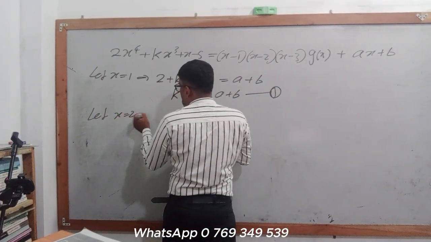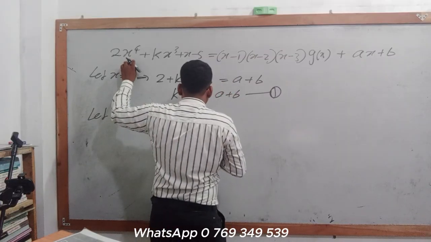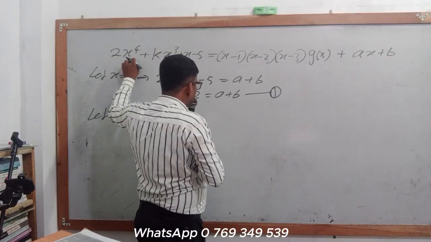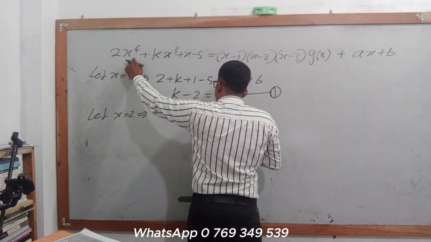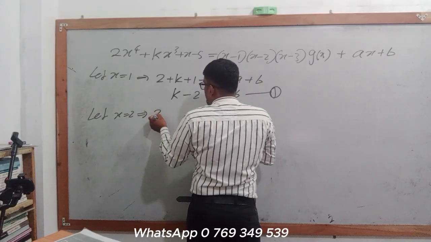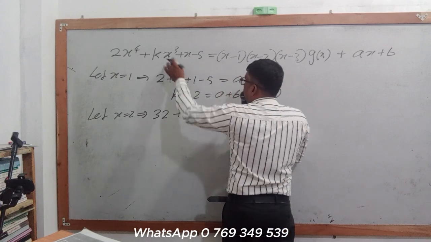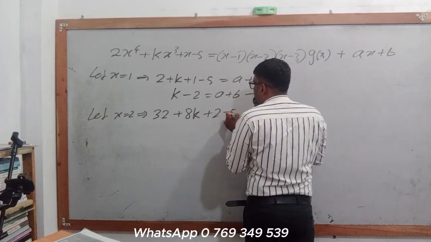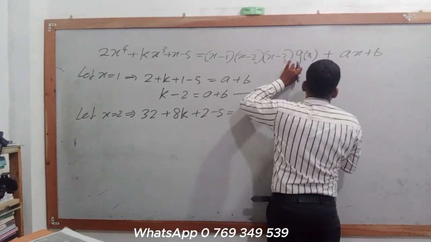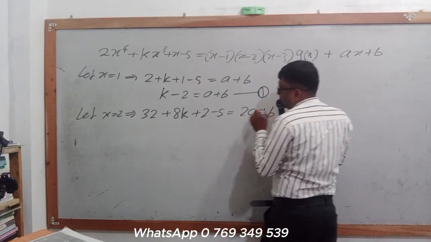Let x equal 2. 2 power of 4 is 16. 16 times 2 is 32, plus 8k, since 2 cubed is 8, plus 2 minus 5 equals 0 here, and here 2a plus b.